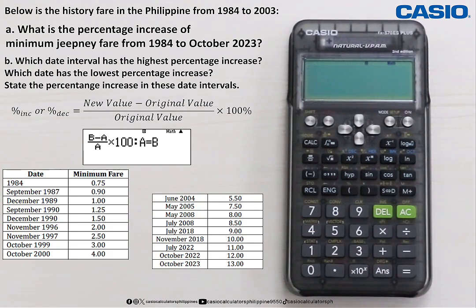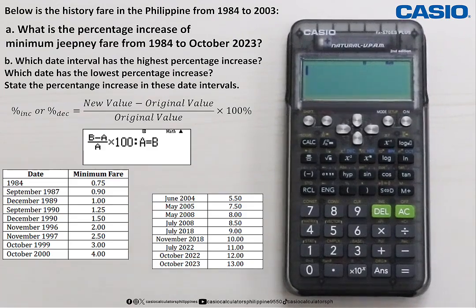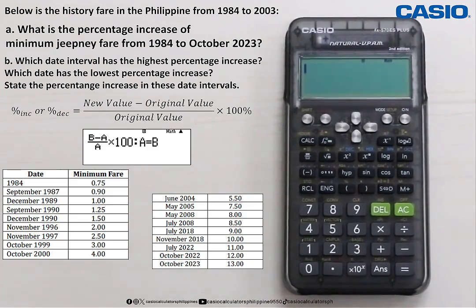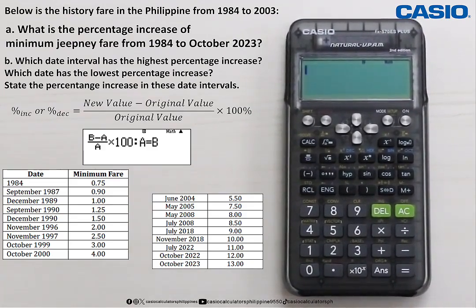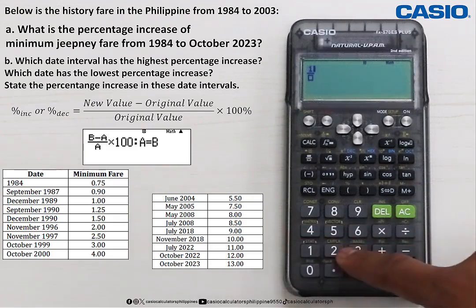Percentage increase is new value minus original value over the original value times 100%. For the question letter A, we need to find the percentage increase of minimum jeepney fare from 1984 to October 2023. The value of October 2023 is 13 pesos.